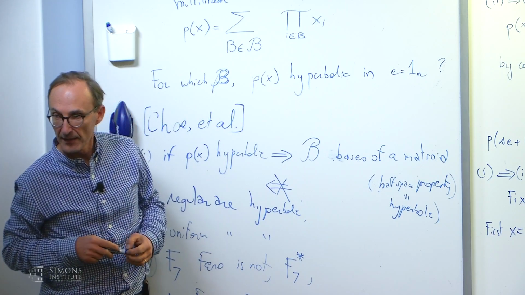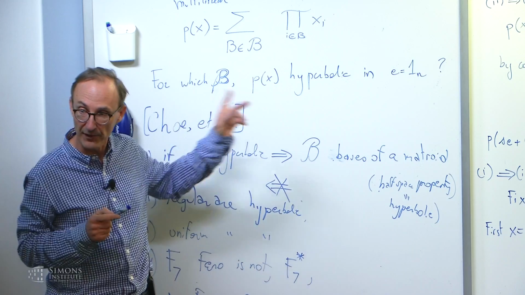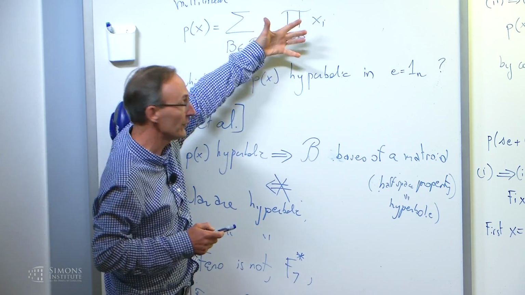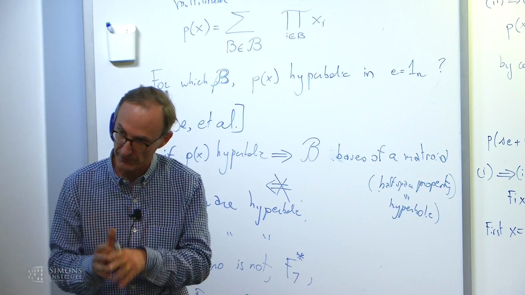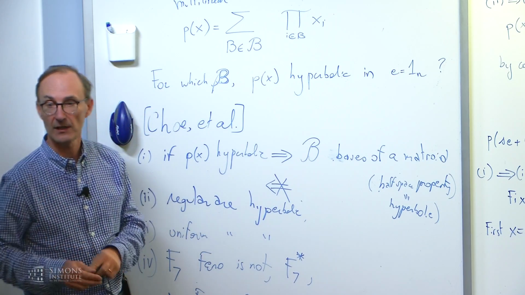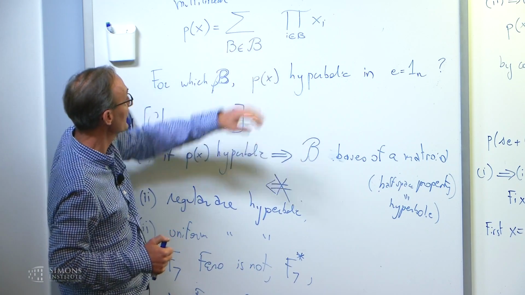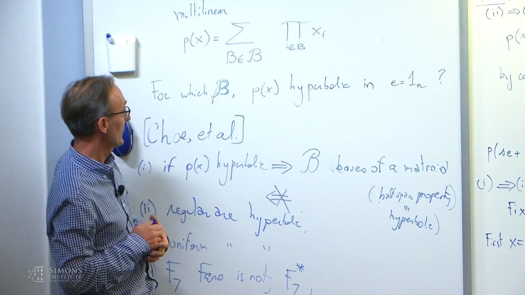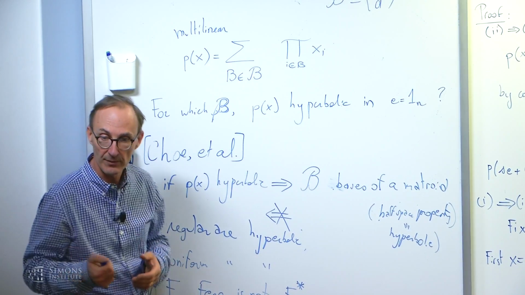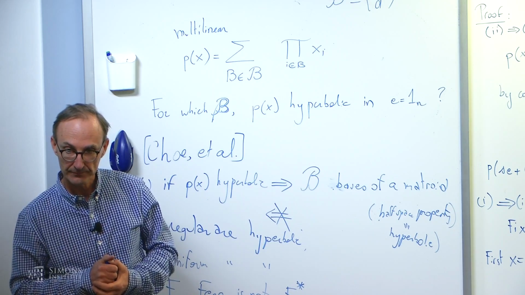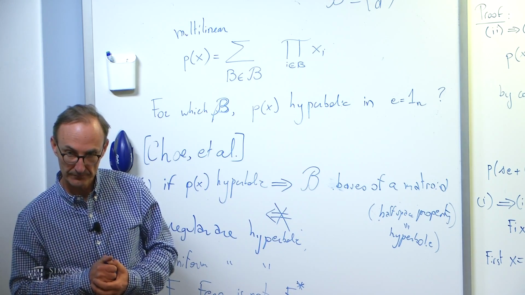If you look at polynomials with other coefficients, then you look at the support, the monomials which are non-zero, and that's going to be the same as the strongly Rayleigh ones. As long as all coefficients are non-negative, they are the same.